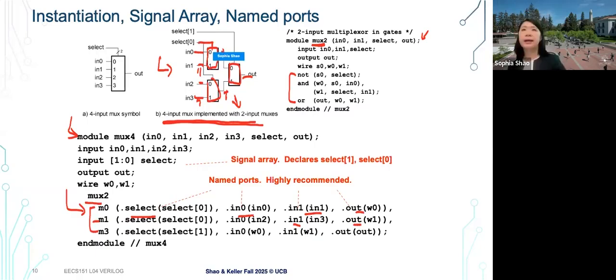So you want to do the port binding here. In particular, with named ports, you can be explicit about which signal in my module is being mapped to which new signal I declared as a wire. This is how you build things hierarchically in Verilog.